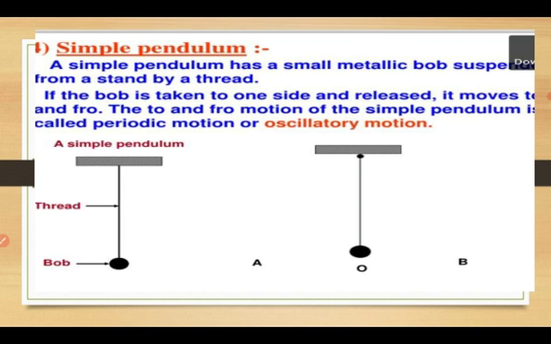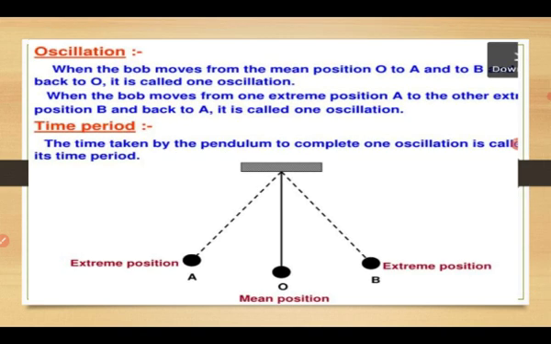You can see in this picture there is a thread and a bob. In the second picture you can see the A position, O position, and B position. O position is the mid position. When the bob moves from O to A, returns from A to O, goes from O to B and again returns from B to O, then one complete oscillation is called the time period.